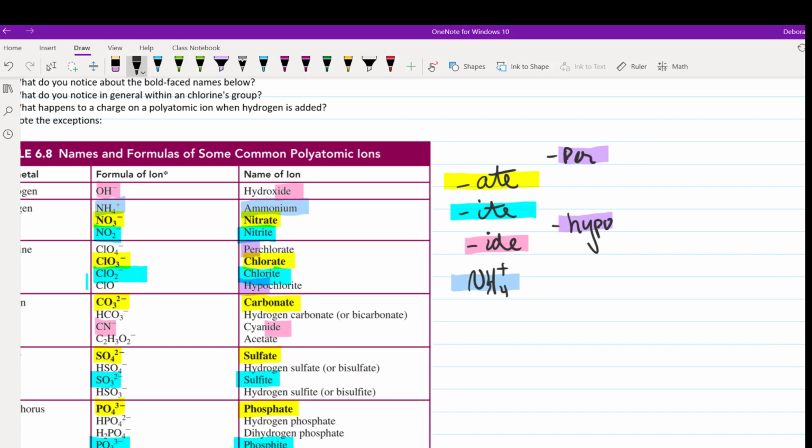The per means the least amount of oxygen in the series. I'm sorry, it's the most. I normally see this list with the least on top.